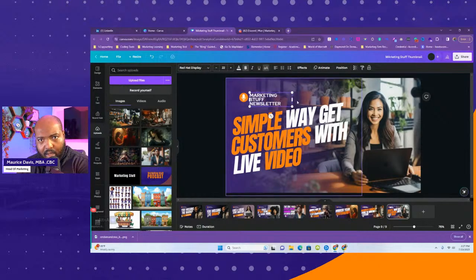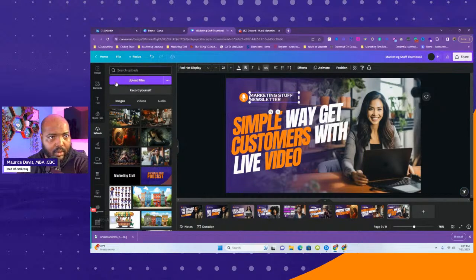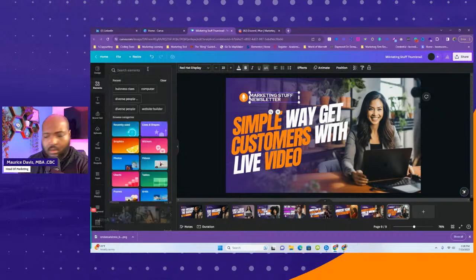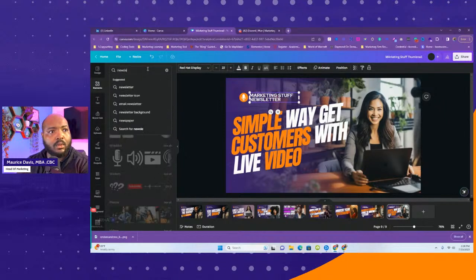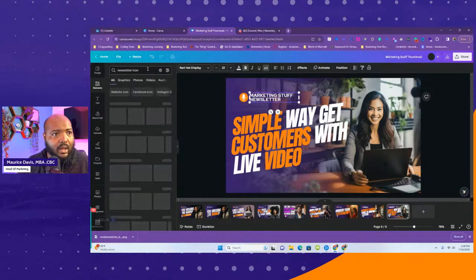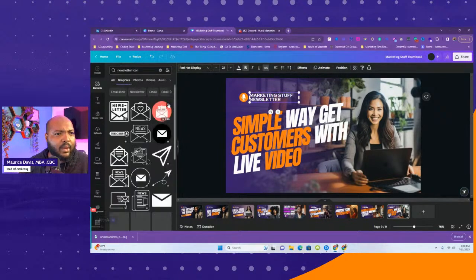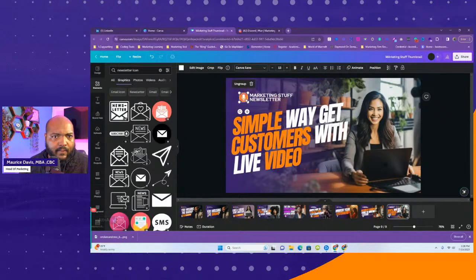This is not the podcast, it's the newsletter. So we're gonna change this to newsletter. Let's go to elements, newsletter icon. What can we do? Oh, this one's good. Group.